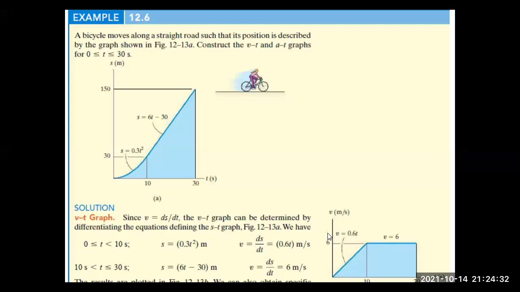It doesn't make any difference. So I can substitute T equal to 10 on this side, I'm going to get the same speed, or T equal to this side. I mean, there is no T, so V is constant. So it's constant 6 all the way to the end. So T is common.